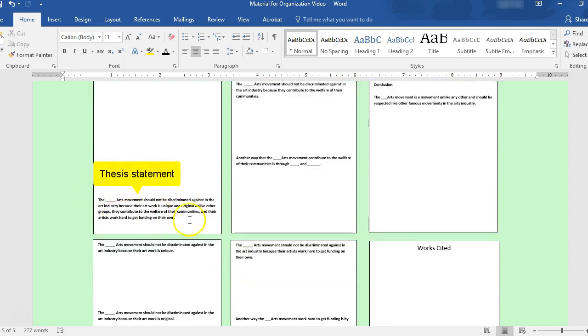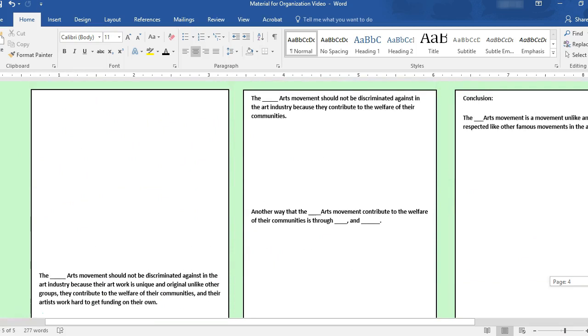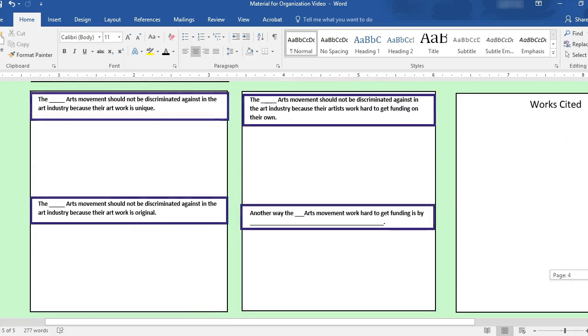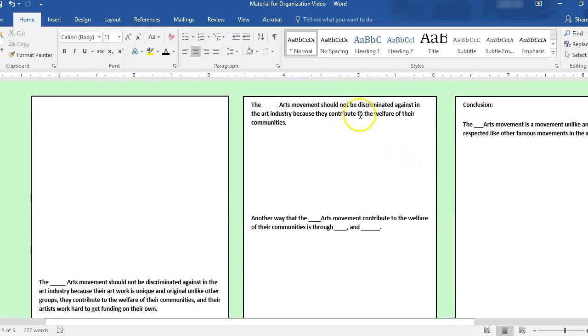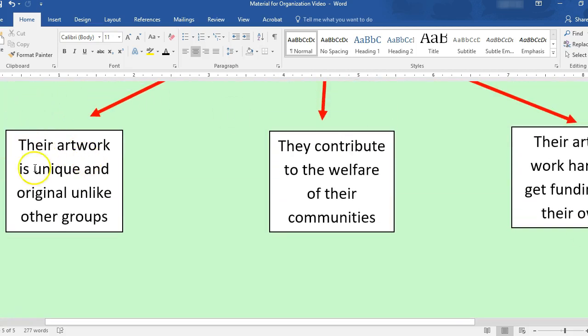We first start this with the thesis statement. We would put the thesis statement in the first page, and then we would put the topic sentences that refer to each point in the thesis. There could be multiple topic sentences. For example, this point, their artwork is unique and original, unlike other groups.